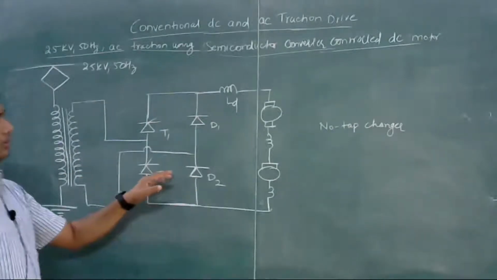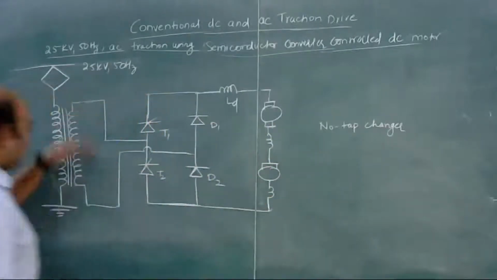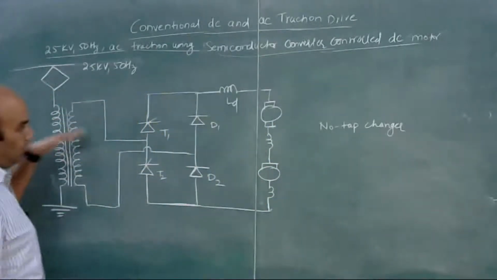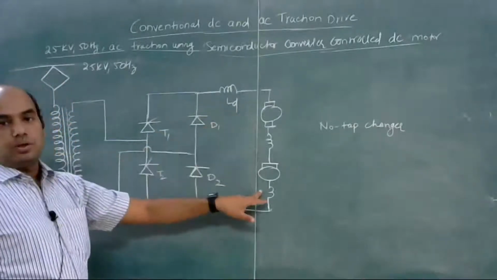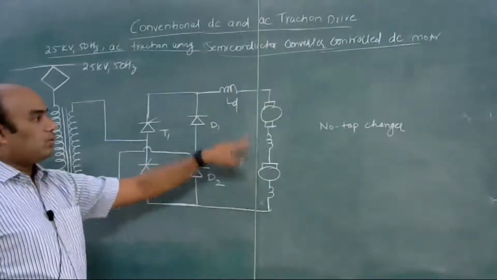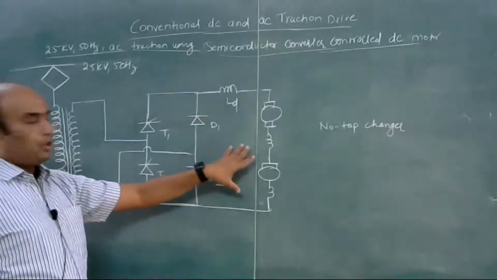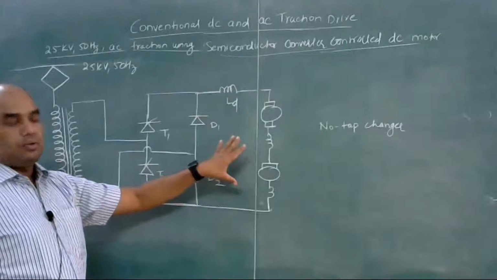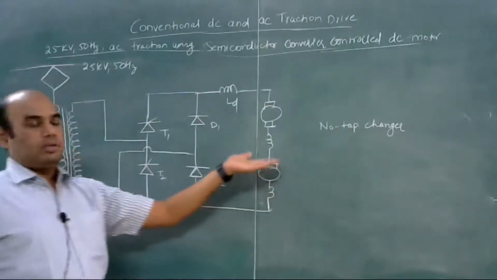Okay, and there will be a seamless control over the speed of the DC series motor. Okay, and there is no distinct speed control step. So there will be no wheel slipping and adhesion will be good.